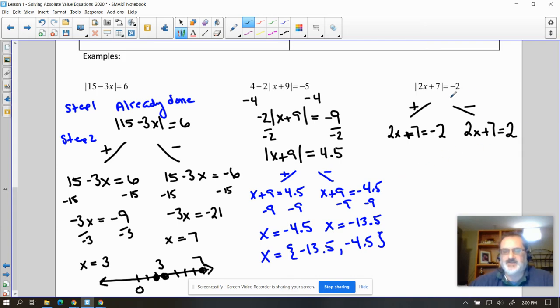So in this case, the positive version is actually the normal, negative 2, and the negative version is negative negative 2, which is positive 2. All right, so it looks like I need to subtract 7. 2x comes down equal to negative 11.